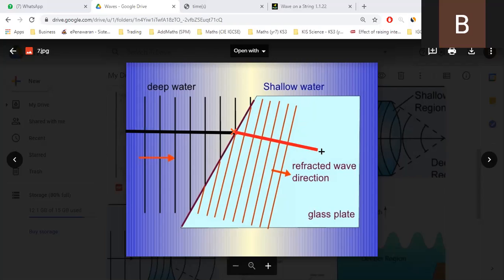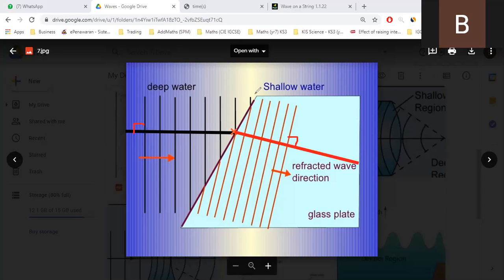Now this one, I have to make sure again this red line is 90 degrees to the wavefront. Okay, so here is, let me draw it. Here is 90 degrees, and here is also 90 degrees.